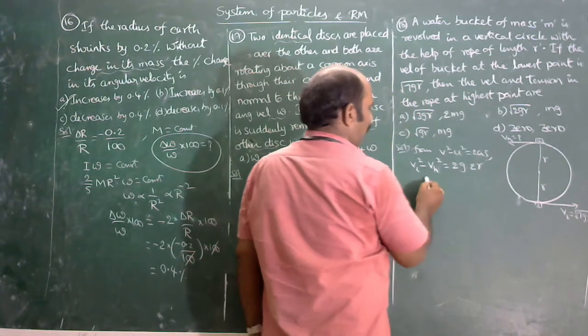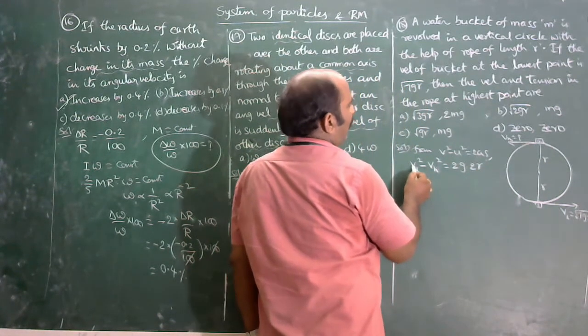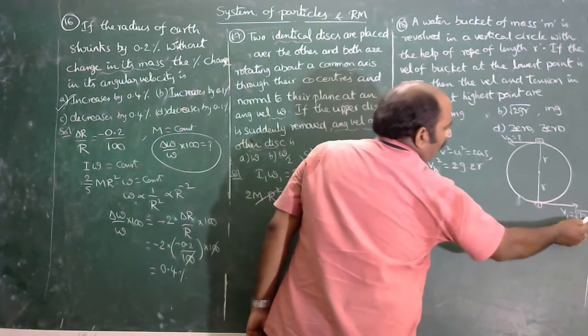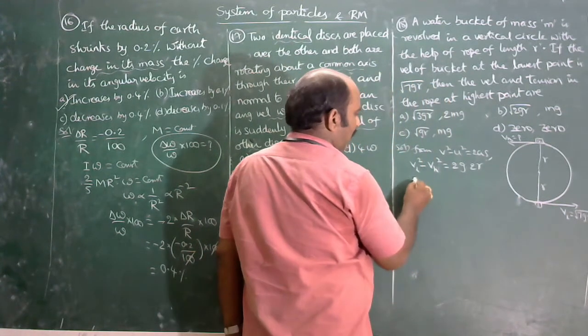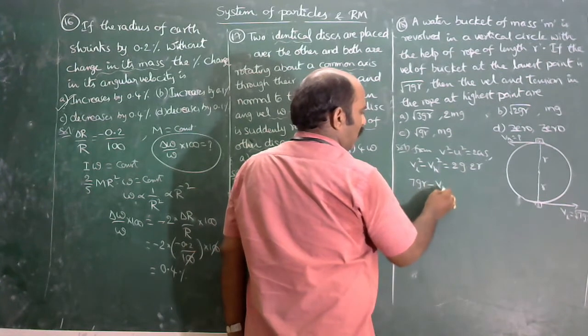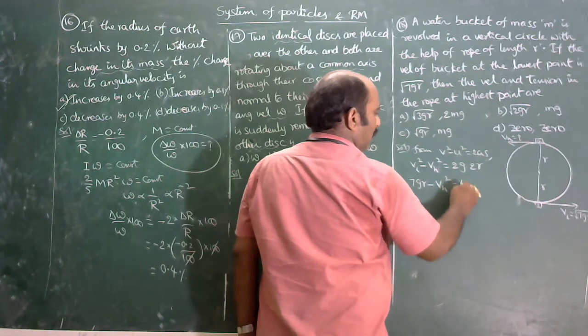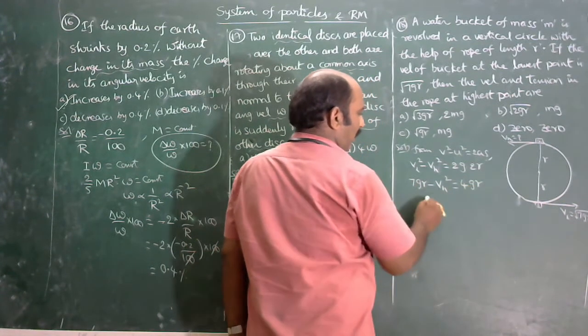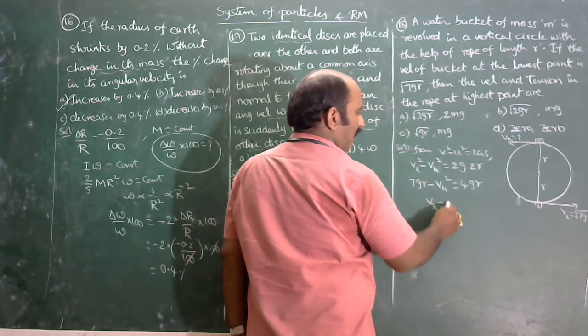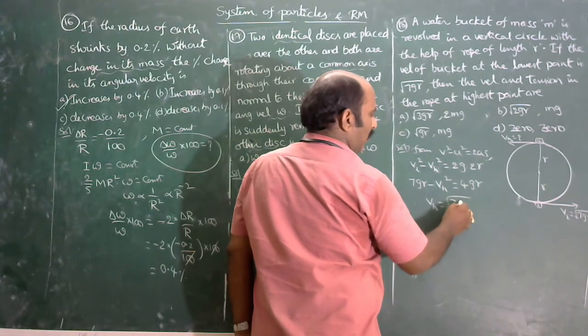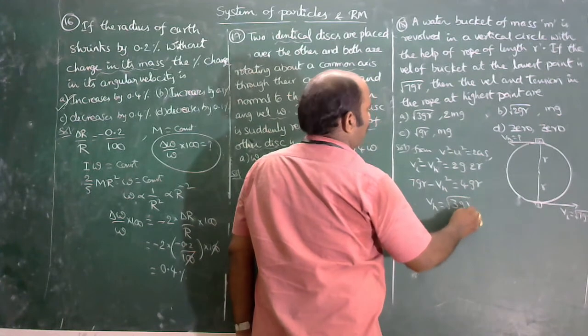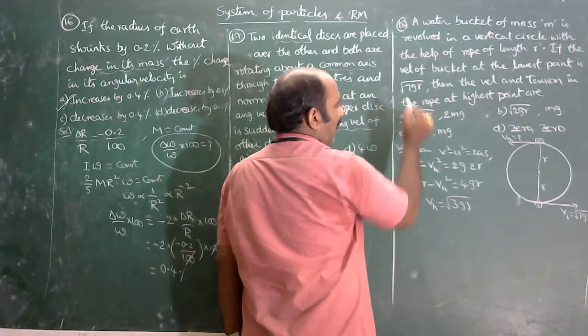Now you know VL value is root of 7gr. VL square is 7gr minus VH square is equal to 4gr. From this we can find the VH value, under root of 3gr. So option A is correct.